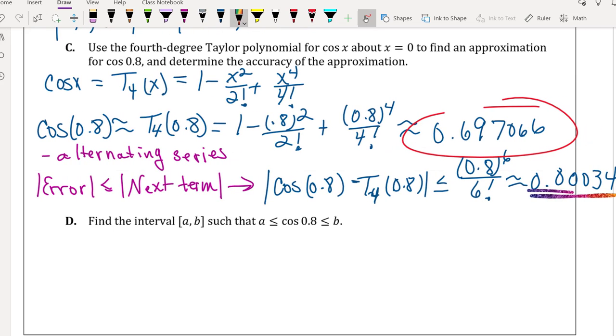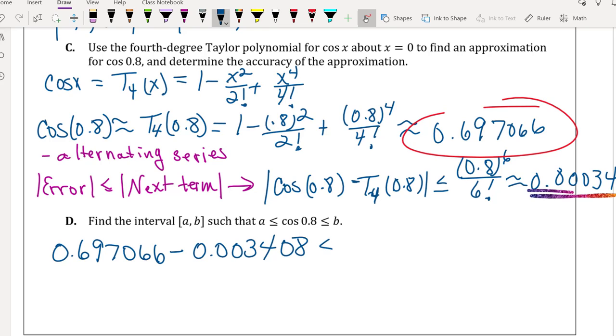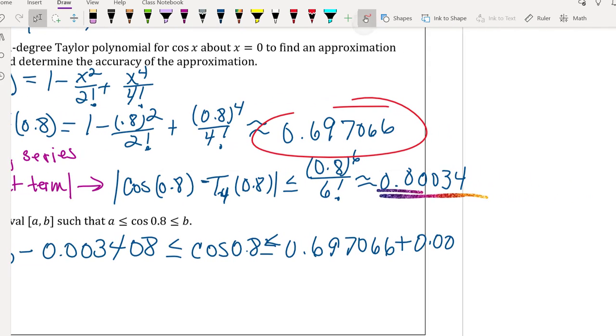So we're going to do 0.697066 minus, I'll write all the digits here, 0.003408 is less than or equal to cosine of 0.8, which is less than or equal to 0.697066 plus our error, 0.003408.